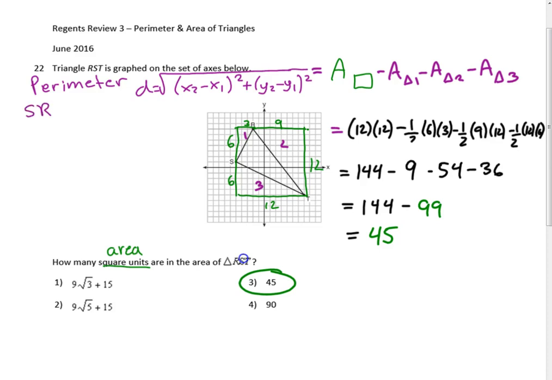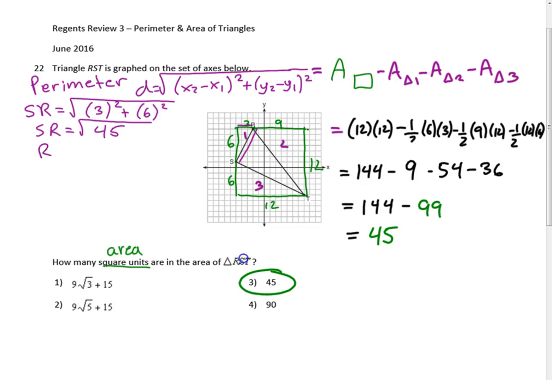So we've got SR, and whenever you have x2 minus x1, that's representing the change in x. If we look at SR, we see that the x value is changing by 3, so 3 squared, and the y value is changing by 6, squared. So 3 squared is 9, 6 squared is 36, that would be 45.